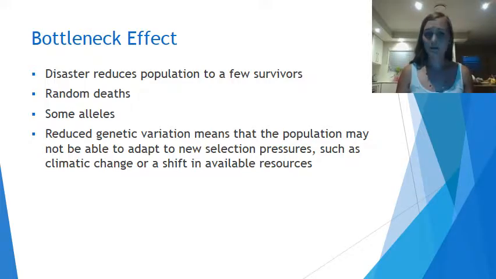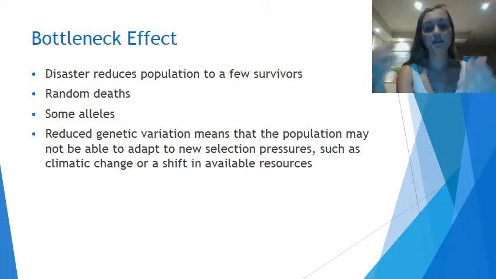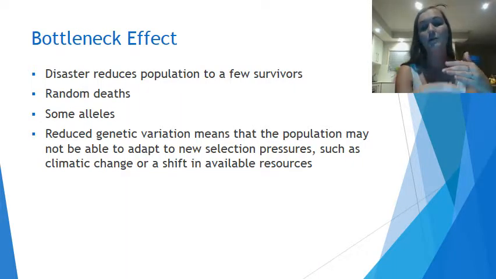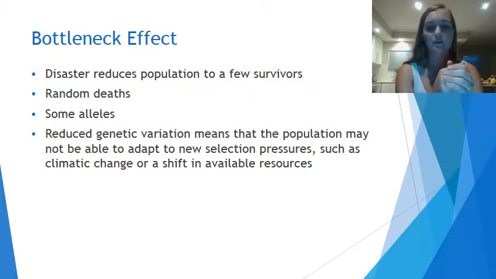So you only have some surviving alleles, and in essence this causes reduced genetic variation, which we know will mean that the surviving population will not be able to adapt to new selection pressures as easily, and may not at all be able to adapt, which would cause the population to die out. For example, climatic change, or a shift in available resources.